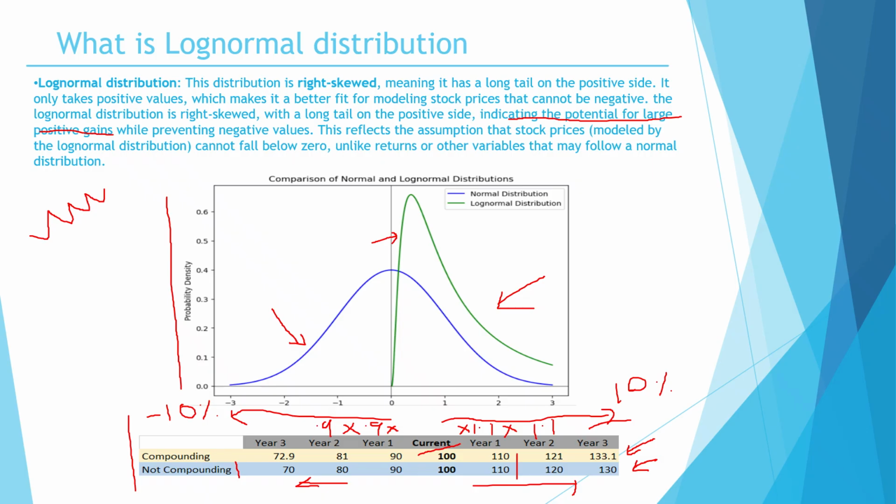Because of that, the behavior of the stock prices, because of the power of compounding, is log normal. It is skewed towards the right hand side. And because of this property, we use the log normal distribution to model the stock prices. And in the Merton model, we are using the log normal distribution.